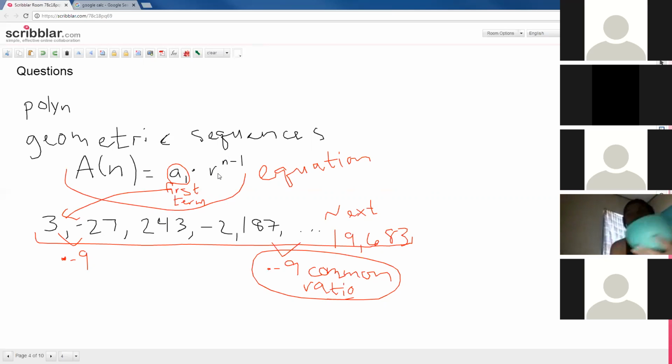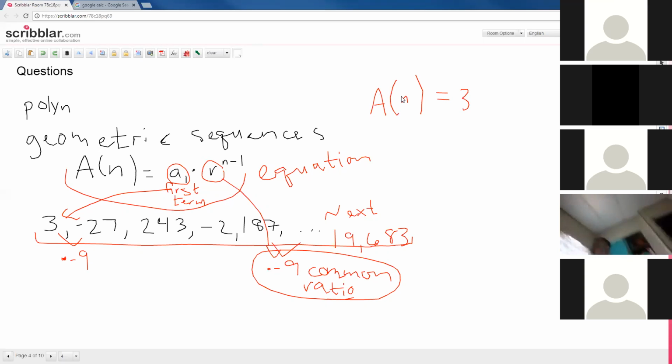Then the common ratio, the R, we've already found. We know R is -9. And then the N, we don't always fill in, depending on how, again, the question's asked. So the first term was our 3. So our equation now is going to be 3 times the common ratio of -9, and if it's negative, we usually put it in parentheses, to the n minus 1.